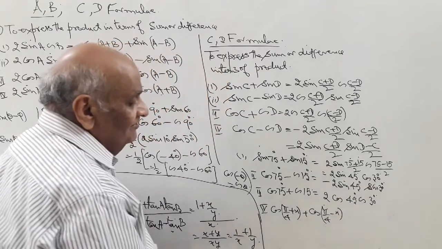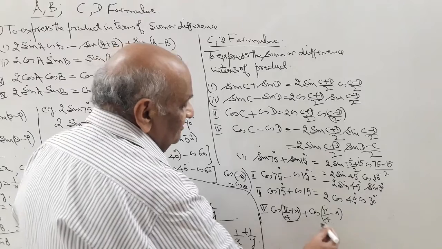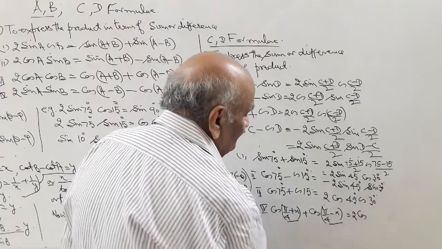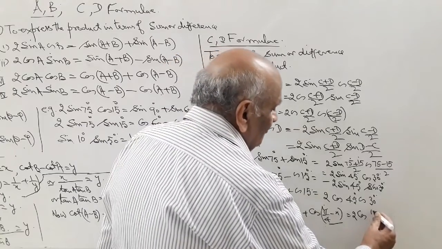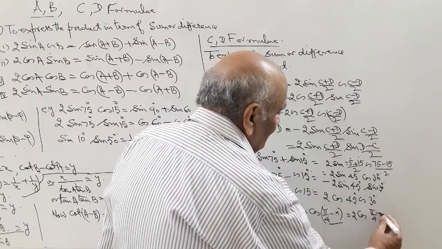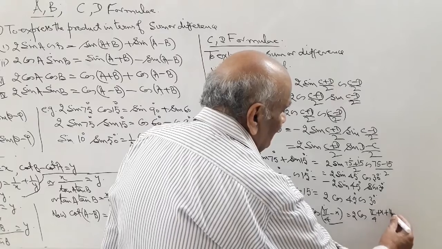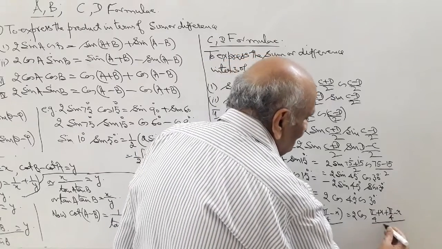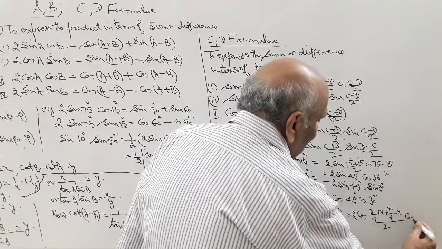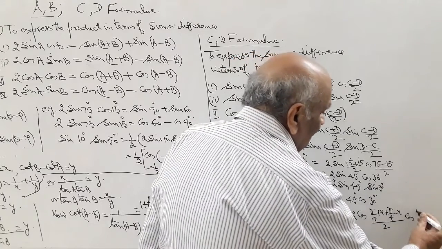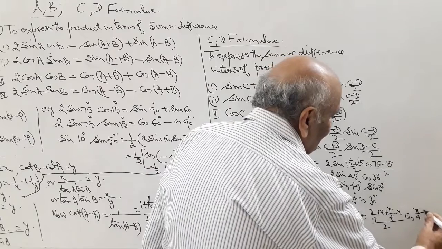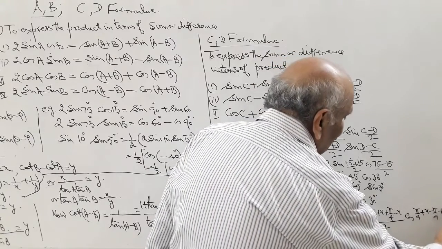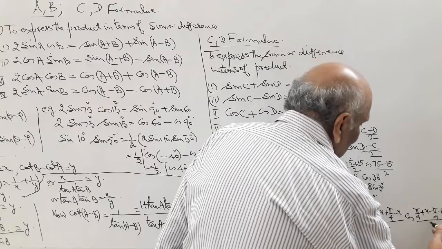So it is cos C plus cos D. Apply it: 2 cos of (pi/4 plus x plus pi/4 minus x) upon 2, cos of (pi/4 plus x minus pi/4 plus x) upon 2.